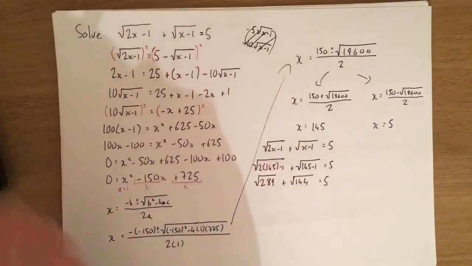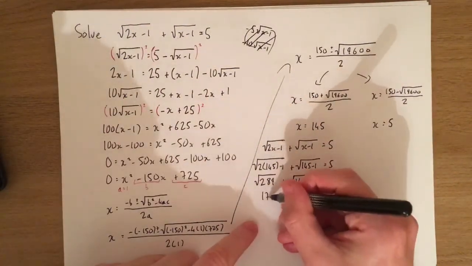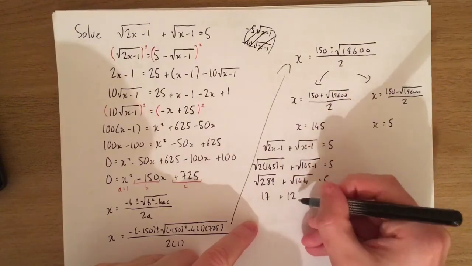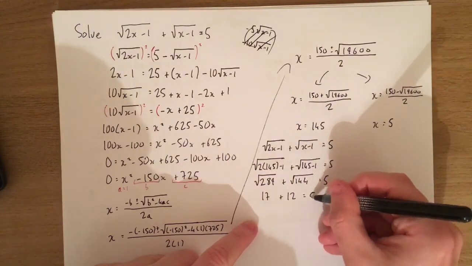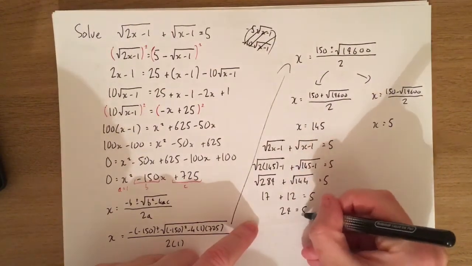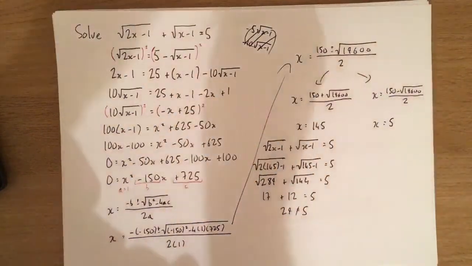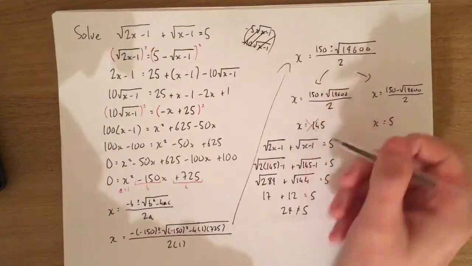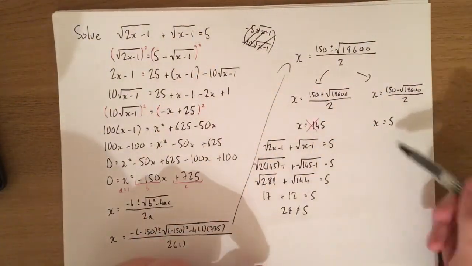So root 289 is 17 plus root 144 is 12 is equal to 5. 17 plus 12 is 29. Is 29 equal to 5? No, it is not. So this doesn't work.